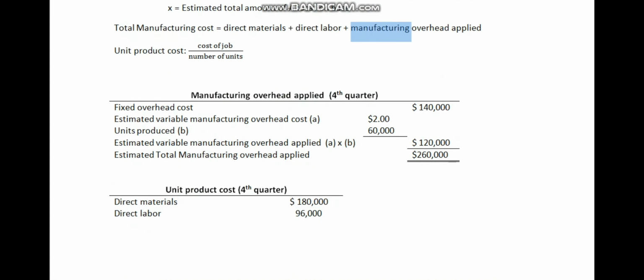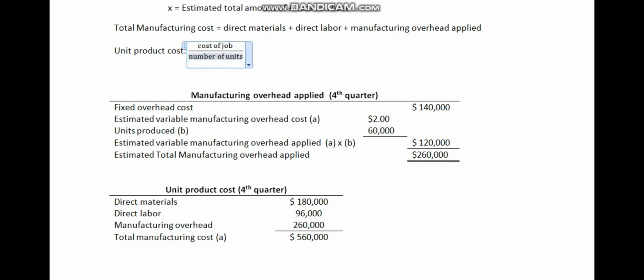And the manufacturing overhead applied we just calculated, that is $260,000. We're going to add these three to get our total manufacturing cost. That is the cost of job.